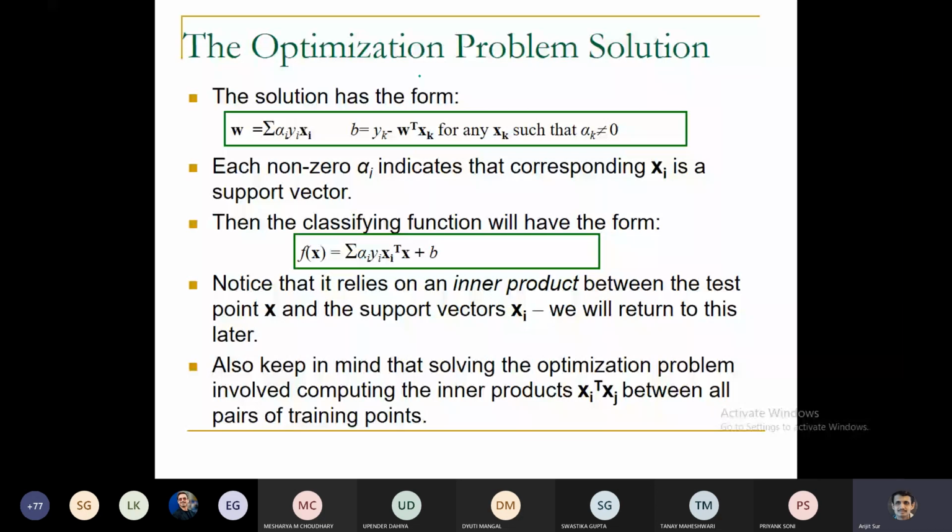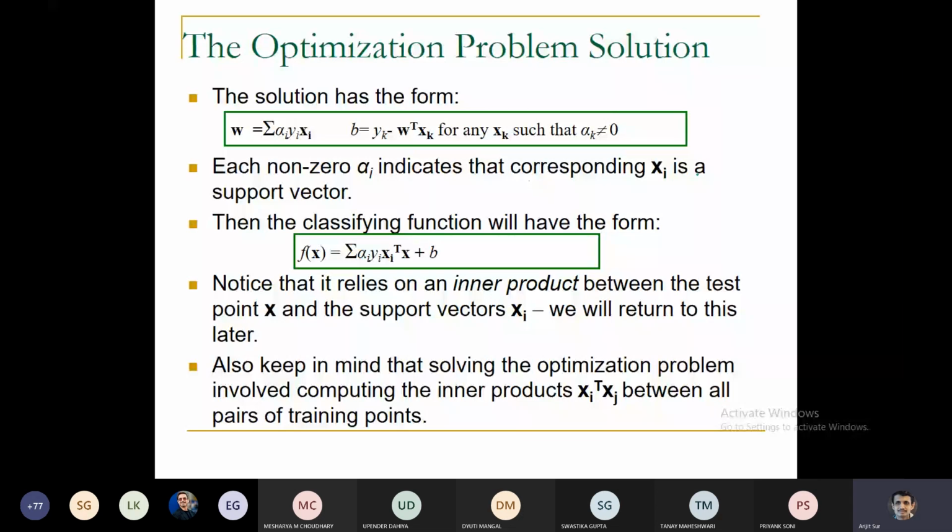The solution as of now has the form: w is the summation of alpha_i y_i x_i, and b is equal to y_k minus w^T x_k for any x_k such that alpha_k is not equal to 0. That we have seen. Each non-zero alpha indicates that the corresponding x_i is a support vector.